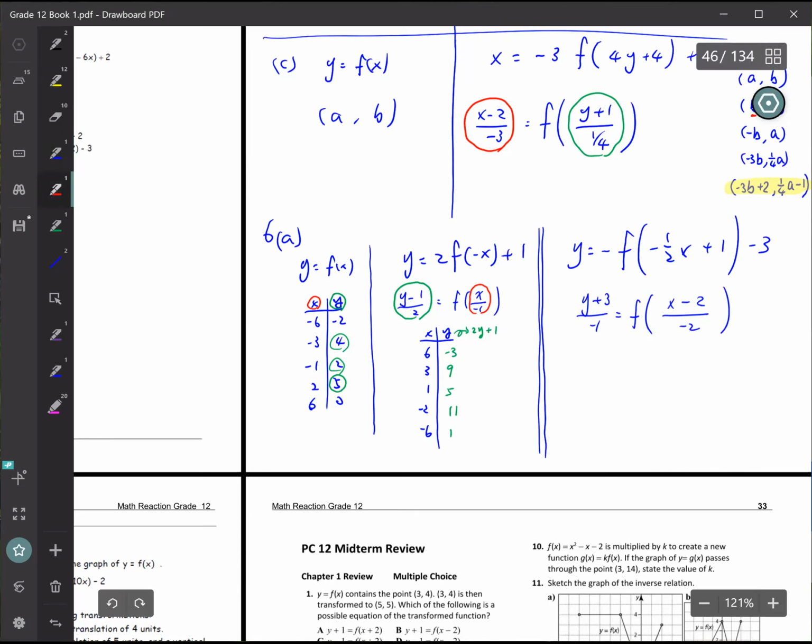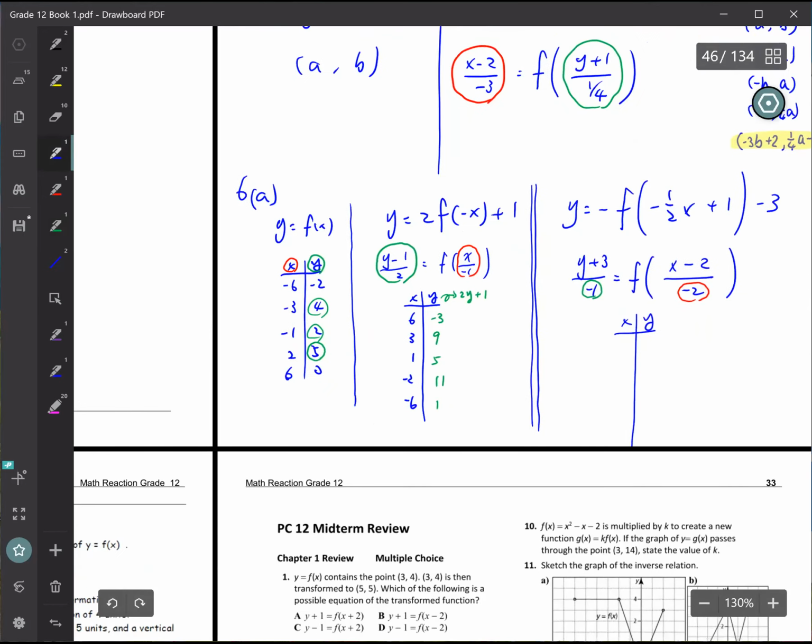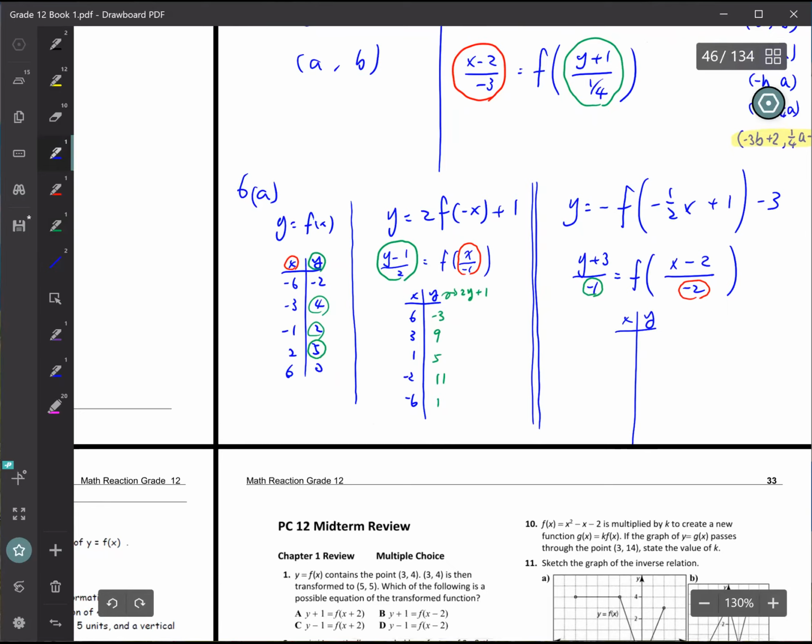Whatever that's under the x, that's the number you multiply with the x. Whatever that's under the y, that's what you multiply with the y point. And then x minus 2 means you move it to the right. Y plus 3 means you move it down 3. Okay? So let's get a new table. Same thing, I'll give you about 30 seconds, finish the table.